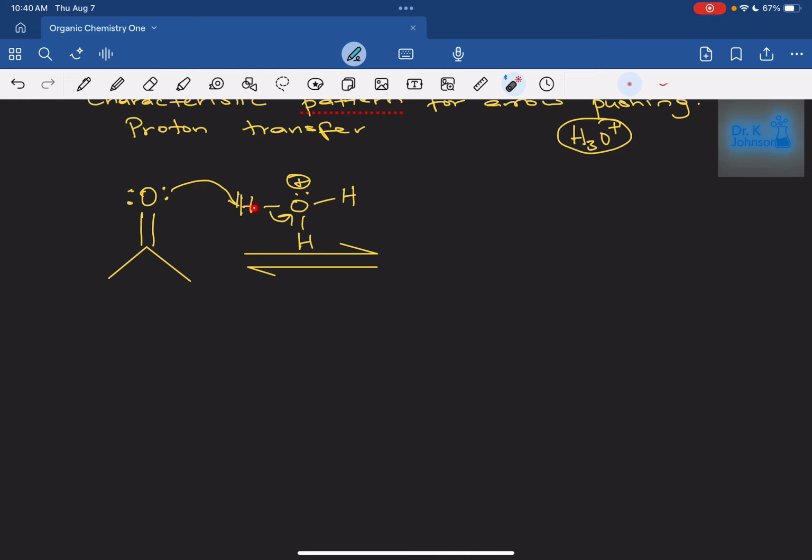To break away, it must break up with the oxygen, right? In breaking up, the oxygen takes everything with it. So remember, to break a bond, we're stealing. We're going to steal all the electrons that are in this bond and put them on the oxygen. That's what this arrow means, right?